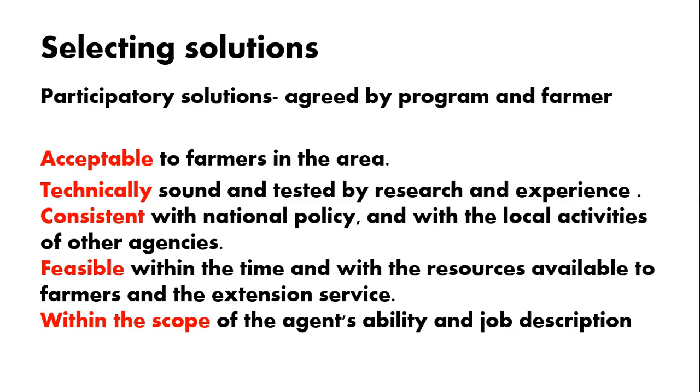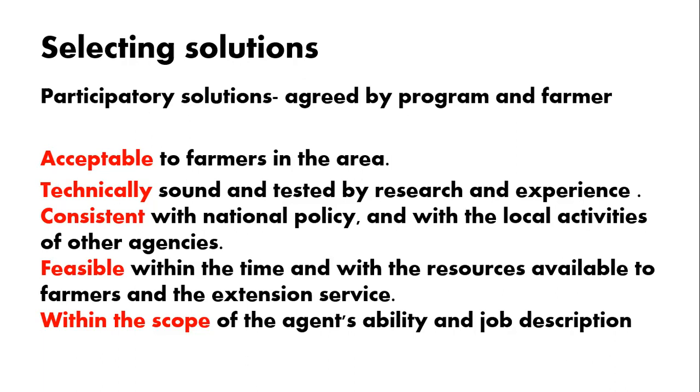Actually, if we find those solutions, we have to select the correct solution. We are saying it should be a participatory solution identification process. Participatory means it should be agreed by the program as well as the farmer. All the stakeholders come together and find the solution.